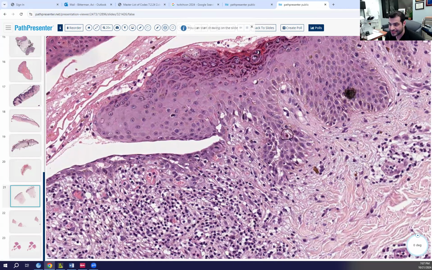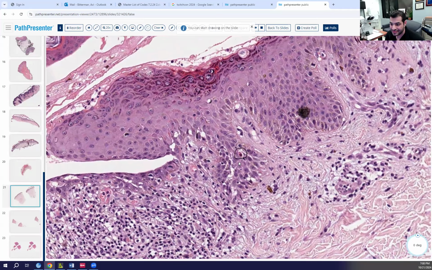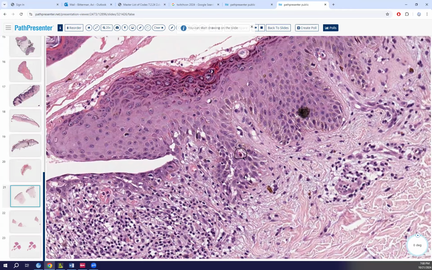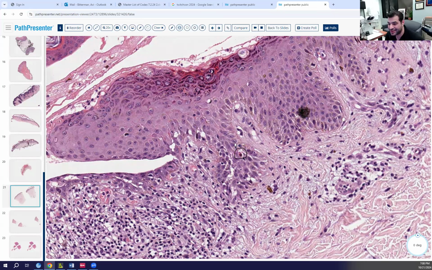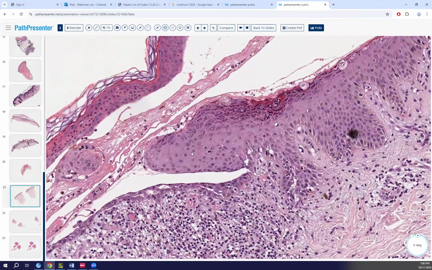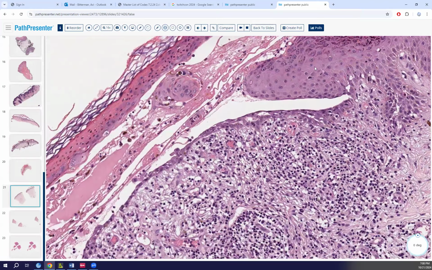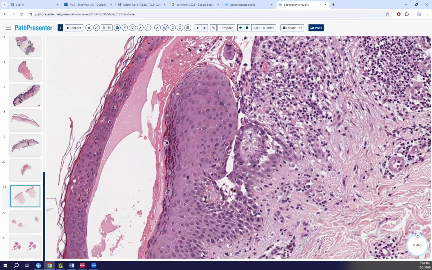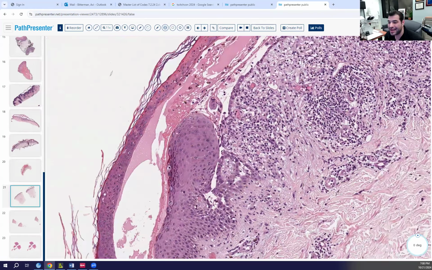What's this? It's kind of small, kind of the same size as these other cells, right? Is that just a dyskeratotic keratinocyte? It's a dead red. Okay.